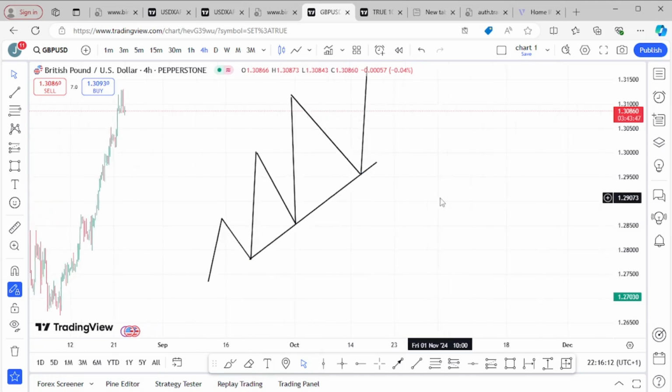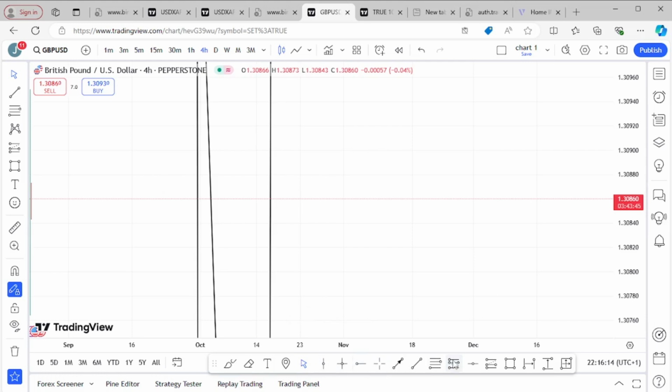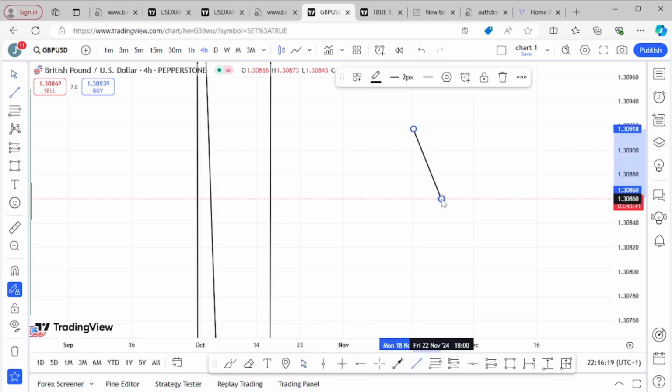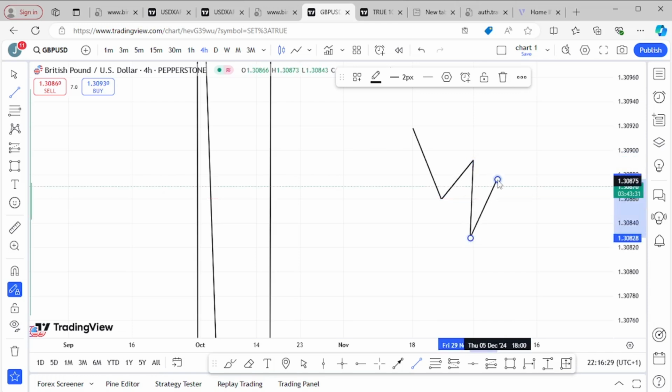So let me say, for example, the market is bearish. See, lower low, lower high, lower low, lower high, lower low, lower high. See it, lower high.